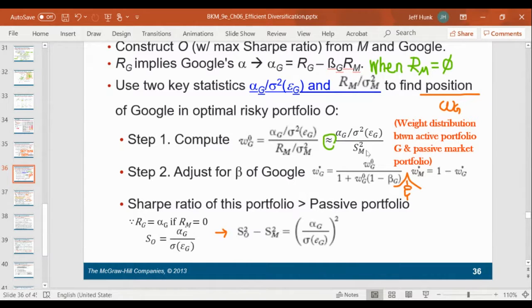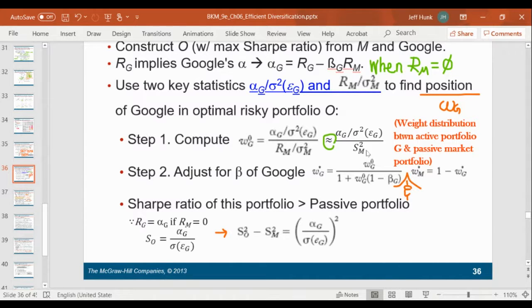But then here, the thing is, that is not beta adjusted. I'm going to get to that later. If this is still positive, right? The ratio can be positive, it can be negative.